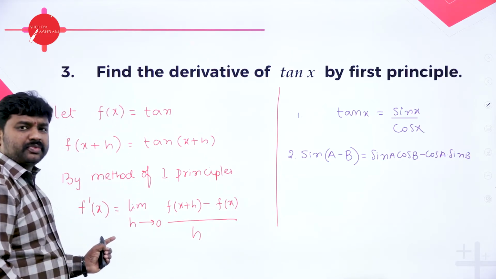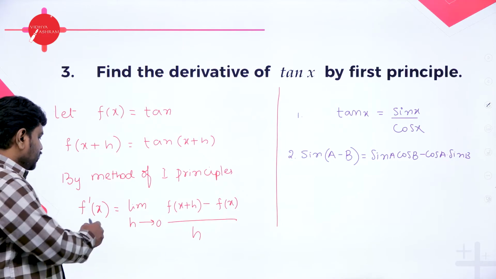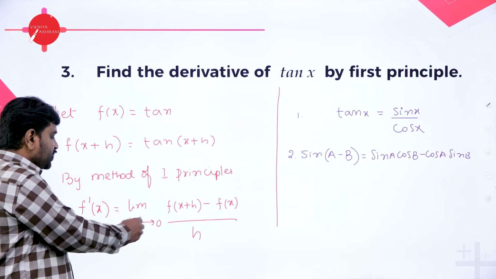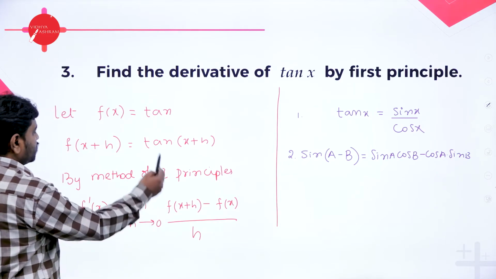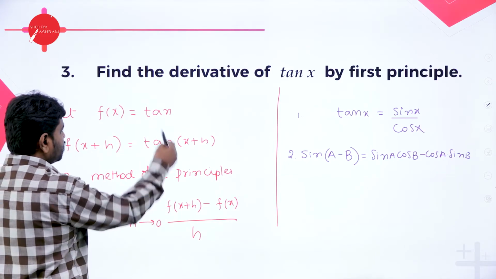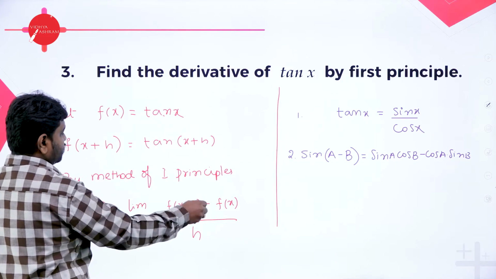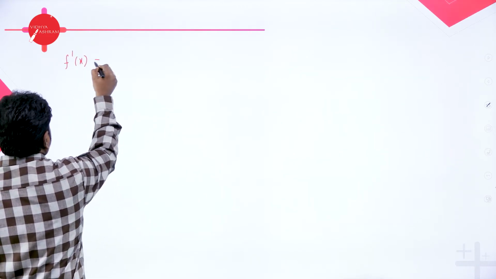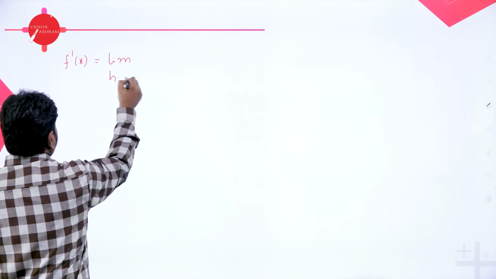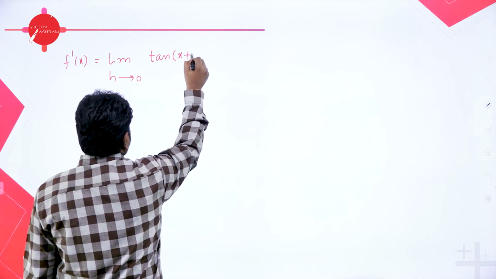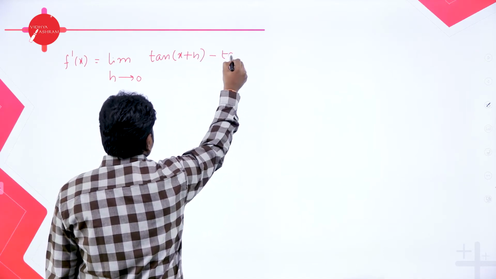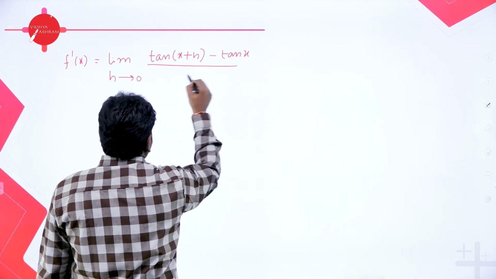So for all the problems we are using the method of first principles. What is the method of first principles? F dash x is limit h tends to 0 f of x plus h minus f of x by h. Now in the place of f of x plus h put tan of x plus h, in the place of f of x put tan x. So now f dash x is equal to limit h tends to 0 tan of x plus h minus tan x divided by h.